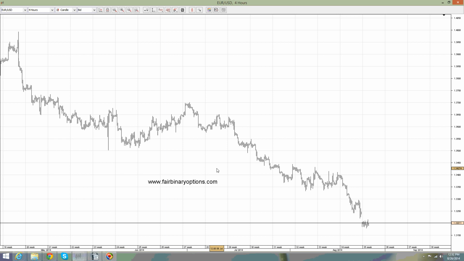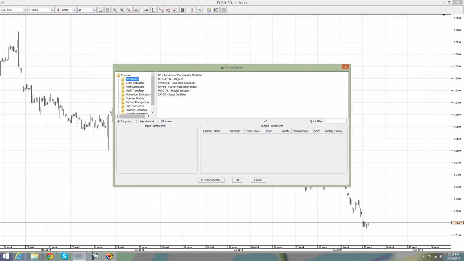Overbought and oversold levels are referring to oscillators first of all, so not to trend indicators, as you will see later in our projects due for this month of August. So this is the JForex trading platform, but if you go on the menu and you look for the indicators and click to add indicators, then you'll have the overlap studies.